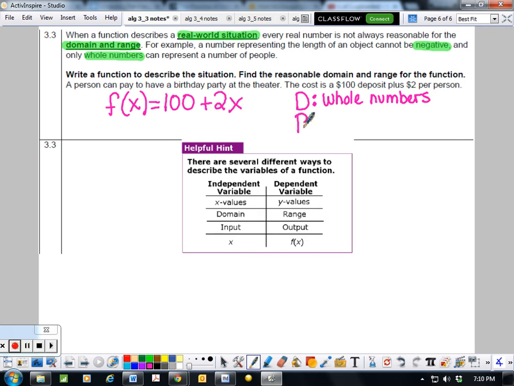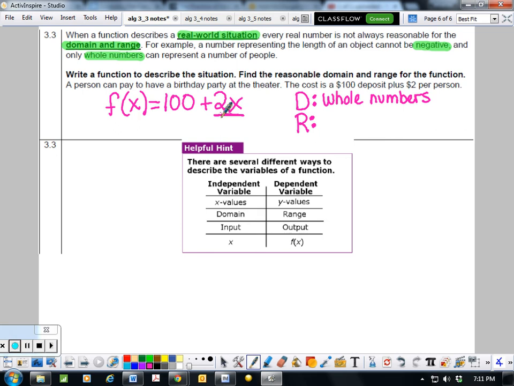And then our range is also going to be whole numbers, but they're all going to be whole numbers greater than 100. Since the lowest I can go for x is 0 people attending this party, when I plug in 0, there's still that $100 fee for arranging a party or reserving a party.